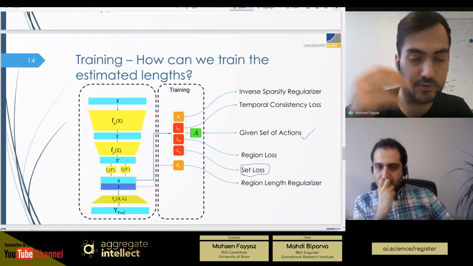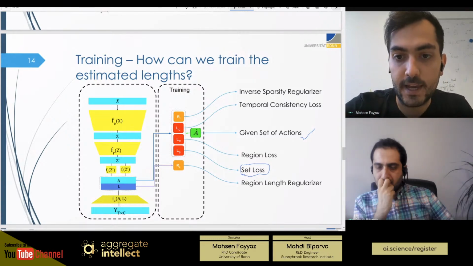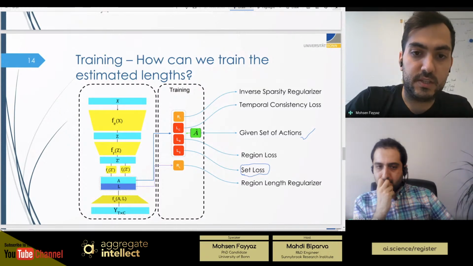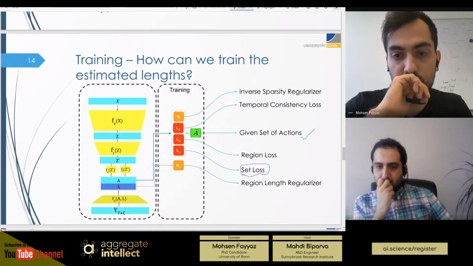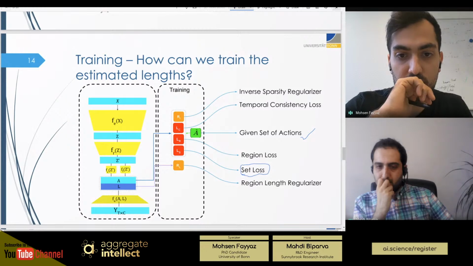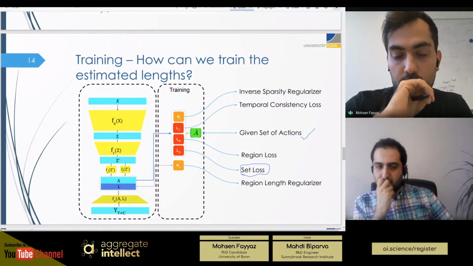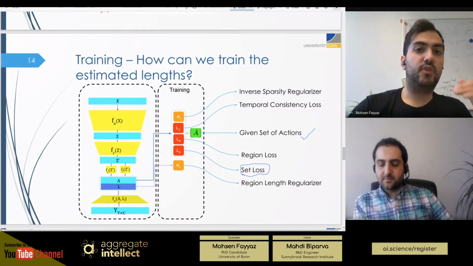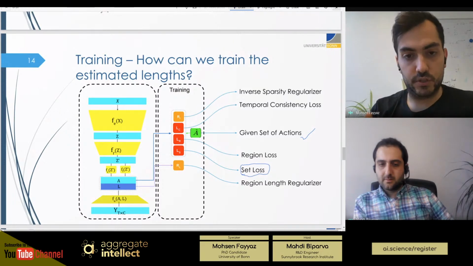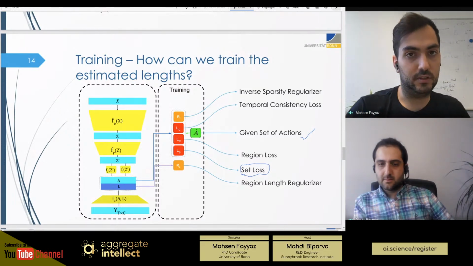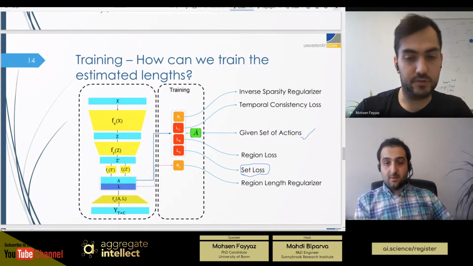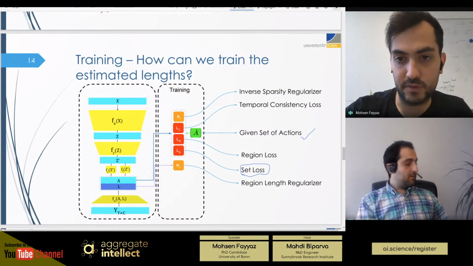It's really straightforward. Another one is that we want to somehow enforce our model to predict just one action per region, not multiple actions per region. So this is another supervision.